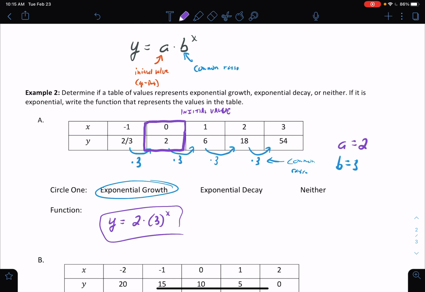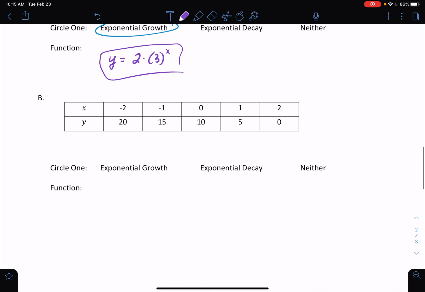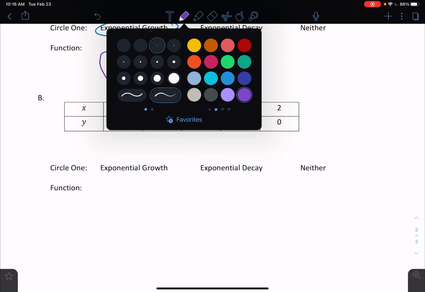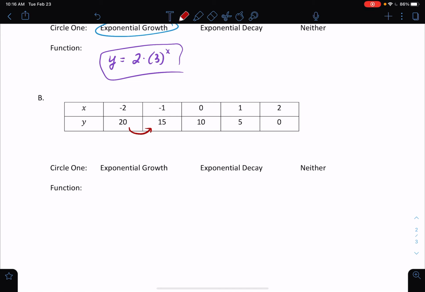Let's go to the next one. In part B, our x's are going up by 1. What's going on with our y values, though? Our y values are subtracting 5, subtracting 5, subtracting 5, subtracting 5. So we're subtracting 5 there. This is no common ratio.